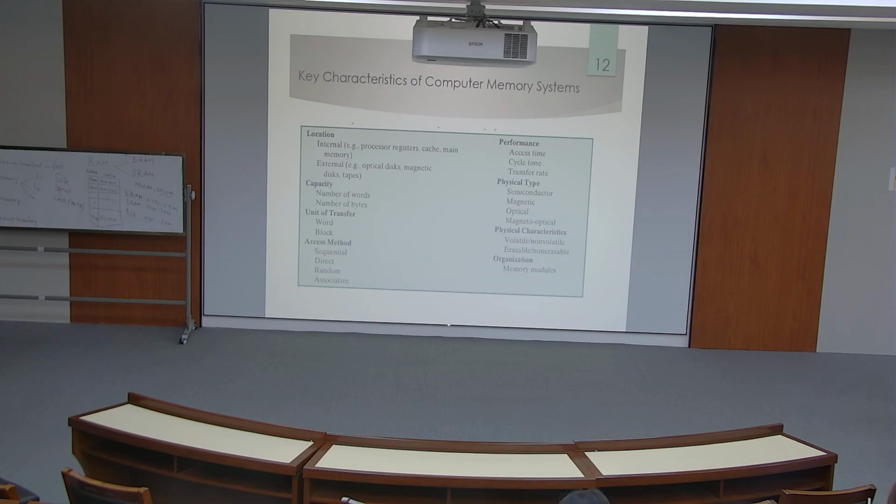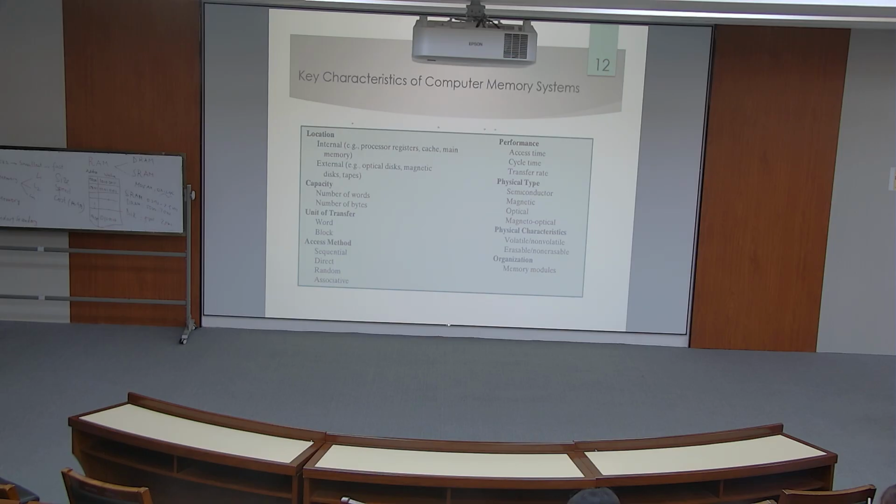Now, the key characteristics of a computer memory system. If you still remember, we talked about processor registers. Processor registers are an example of internal memory. We have internal memory and we have external memory.